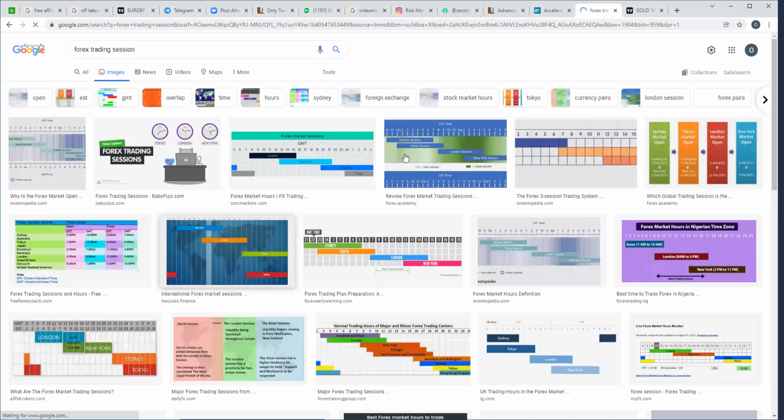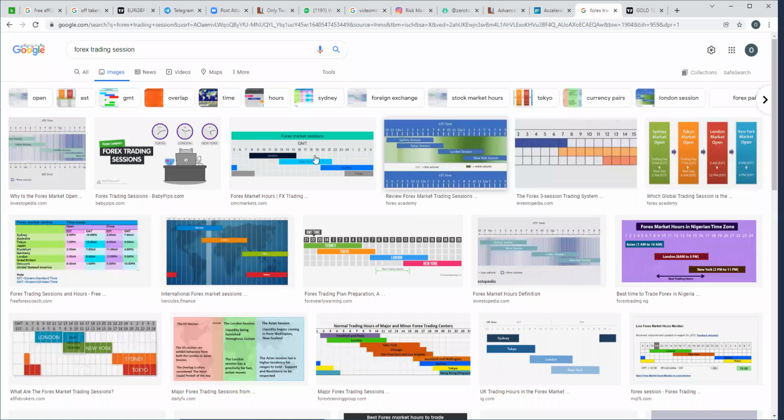Tokyo is also Asia, right? I think my network is bad.